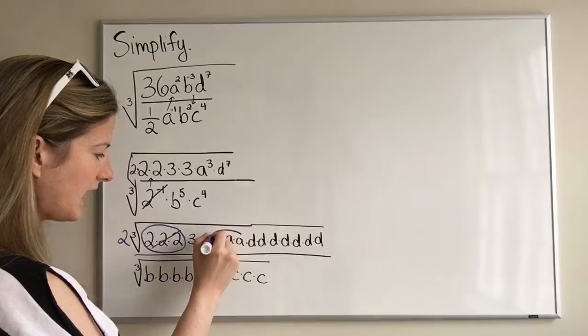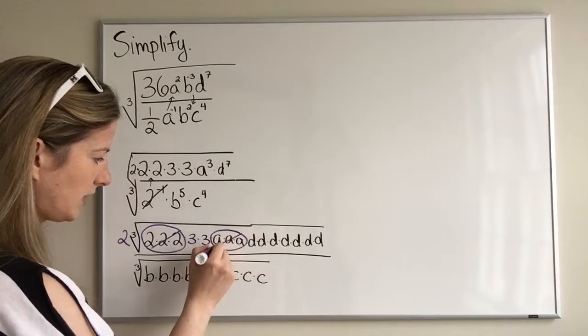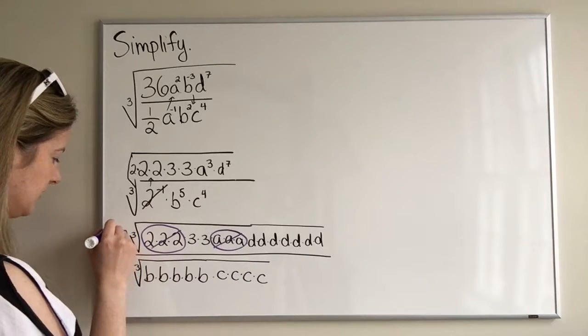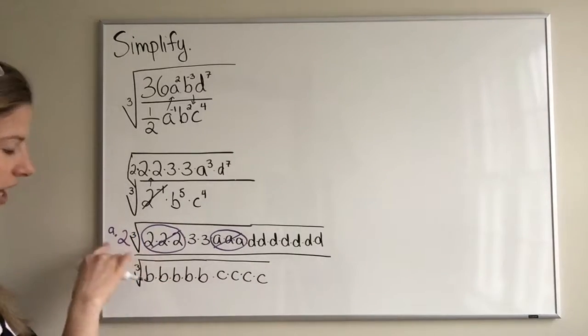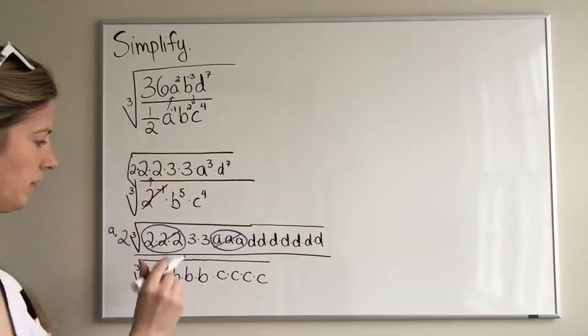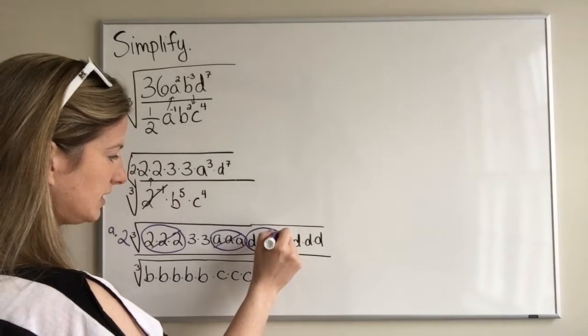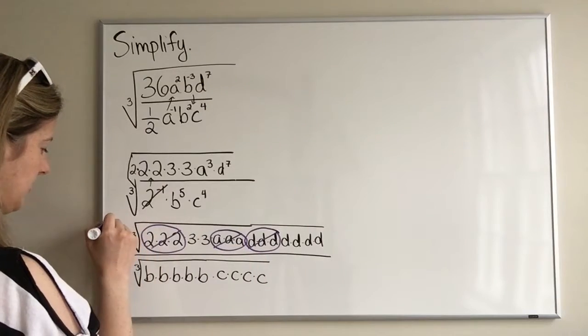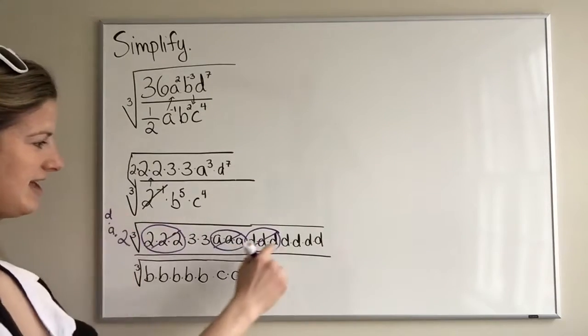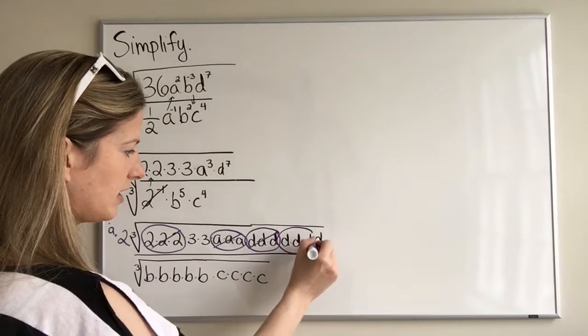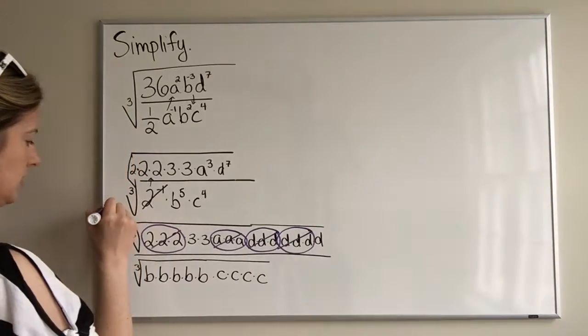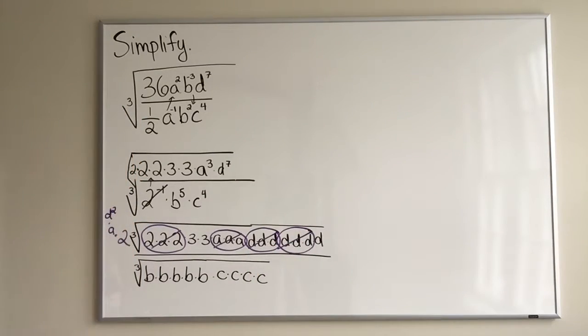I do have 3 A's, so I can cross it out and bring 1 outside. And again, this is multiplication on the outside. I'm kind of running out of room, but I'll clean it up when I bring it over there. And then for D's, I've got these 3 D's, so 1 can come outside times D. And then look, I can get even 3 more D's, boom. So that'll be actually D squared. So D squared times A times 2 on the outside, okay?